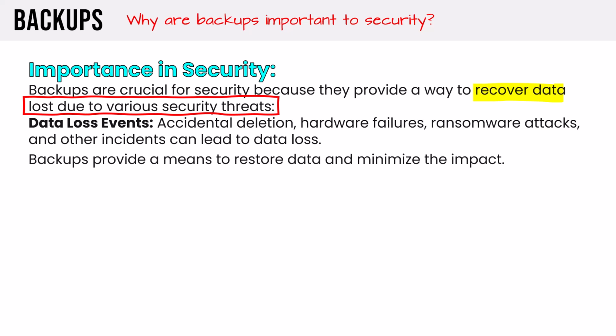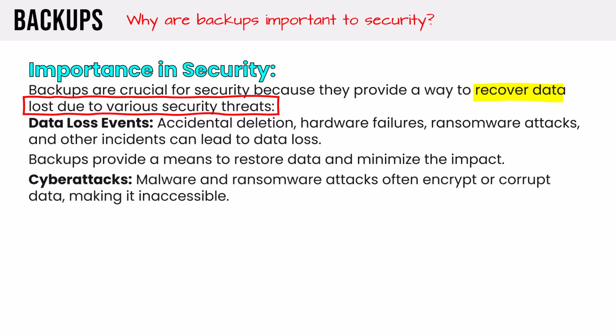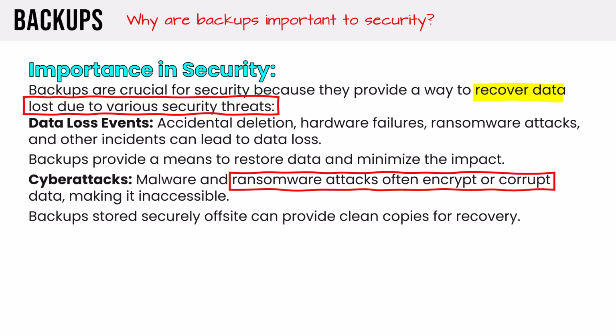Backups give us a means to restore data and minimize the impact. Some cyber attacks, like malware and ransomware attacks, ransomware in particular, often encrypt or corrupt data, making it inaccessible. Backups stored securely off-site can provide clean copies for recovery. Stored in the cloud may allow us to recover cleanly more quickly.